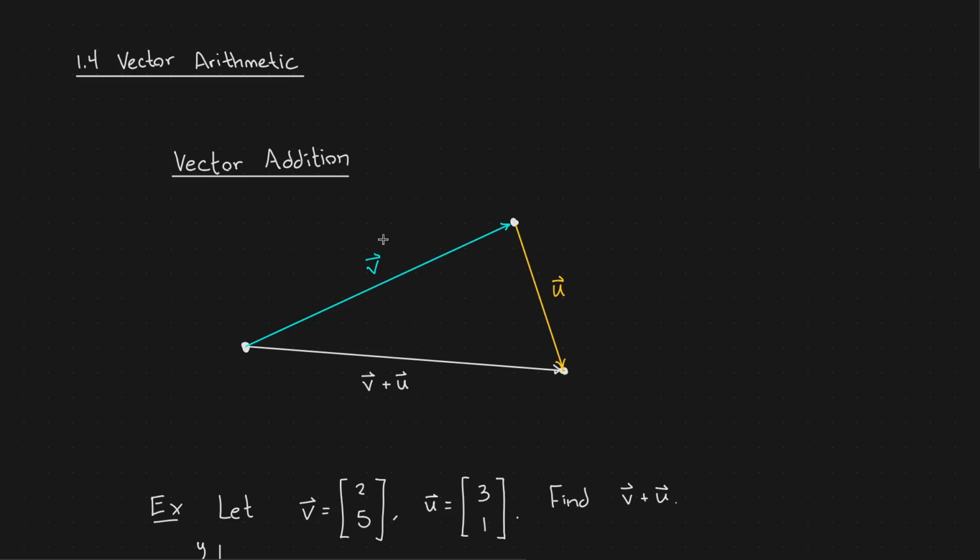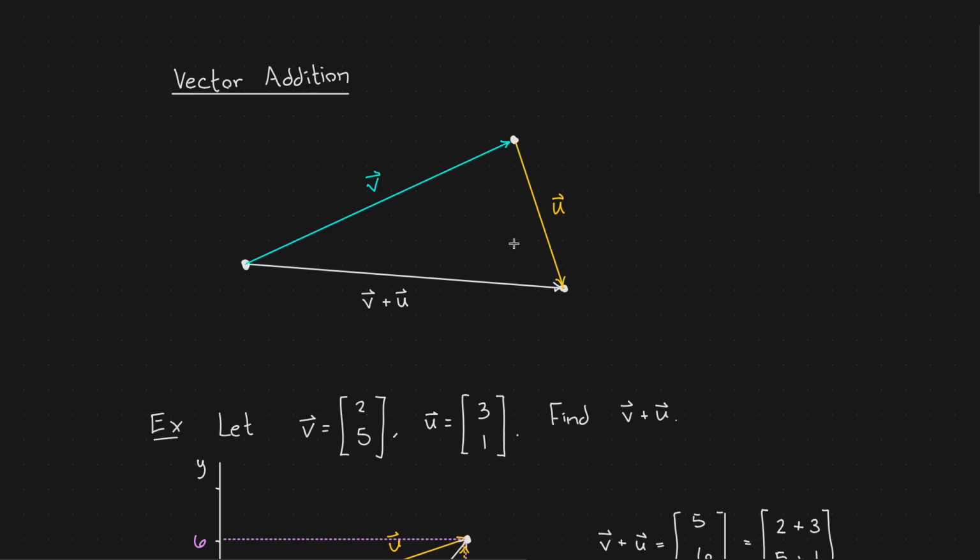Here I've drawn it. We're moving in the direction of vector v first and then the direction of vector u. But if I swap it, and hopefully I have enough room here. So let's see, I went 1, 2, 3, 4, 5, 6 units down. And then 2 over. 1, 2, 3, 4, 5, 6.